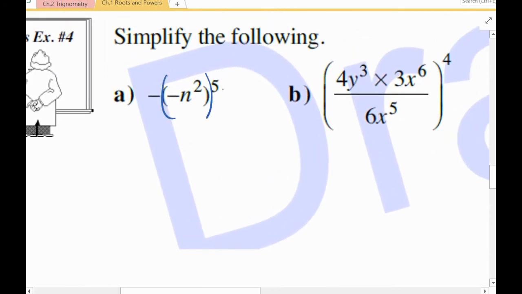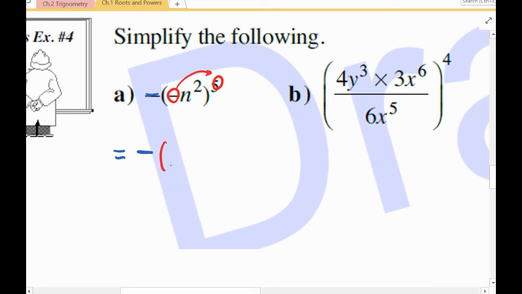Okay, bracket and exponent. You have to count the number of items inside the bracket. And this negative sign is not part of the bracket, it's not inside the bracket. So we don't repeat it. We only repeat the base directly in front of the exponent. We only repeat inside the bracket, right? So negative sign is repeated 5 times.